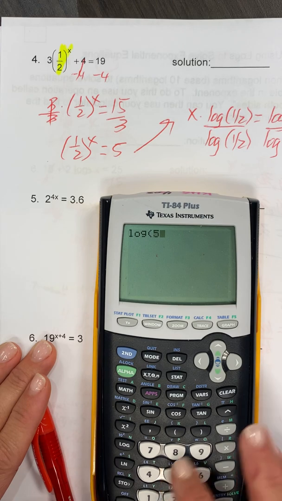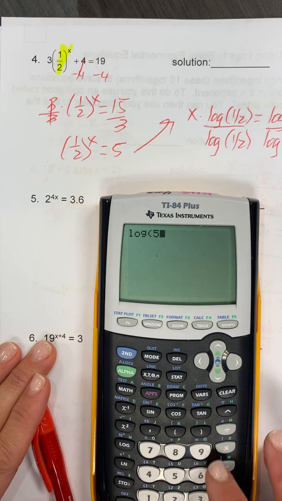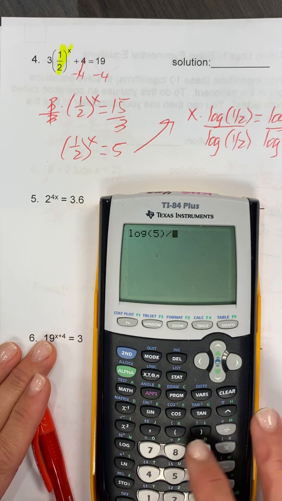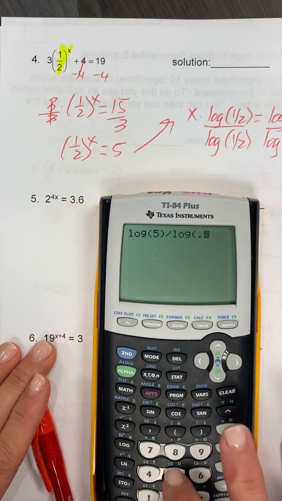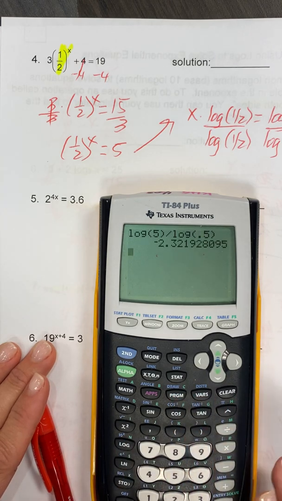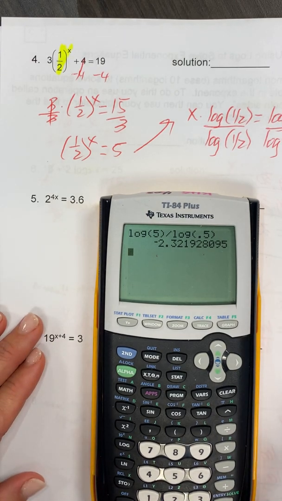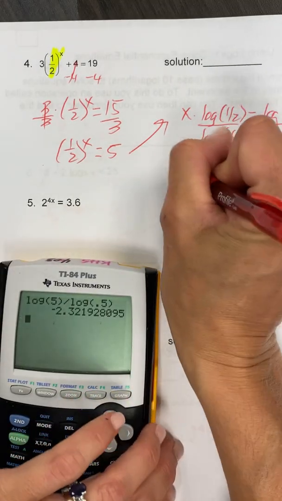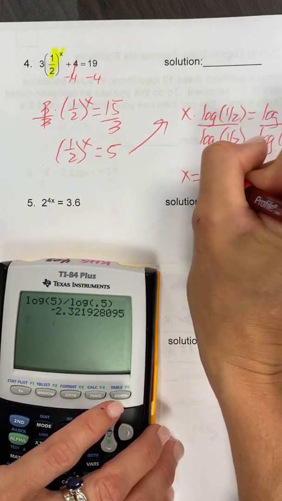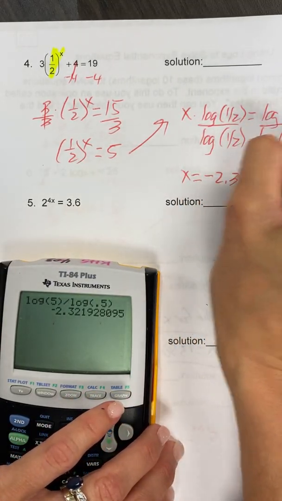Log of 5 divided by, I'm going to write that as 0.5 just to be safe. Negative 2.322. x equals negative 2.322.